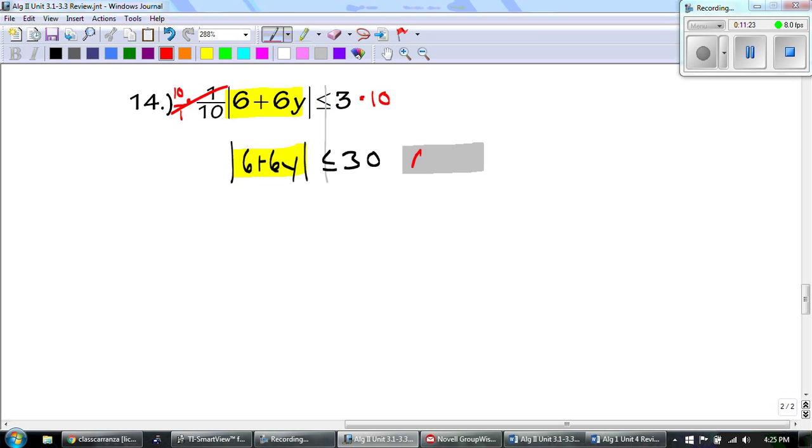And now I know that this is going to be an AND because it's less than. So I take the absolute value, I'm writing down the same sign, and then I set it to negative 30 and positive 30.